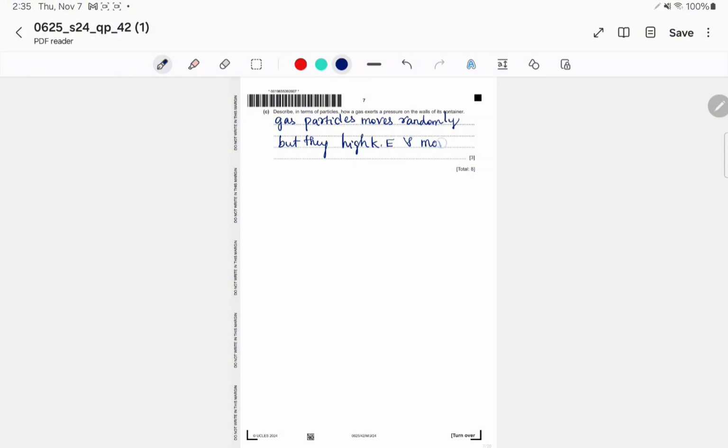They move at high speed in all directions and transfer their momentum to the walls when they hit or collide with the walls of the container.